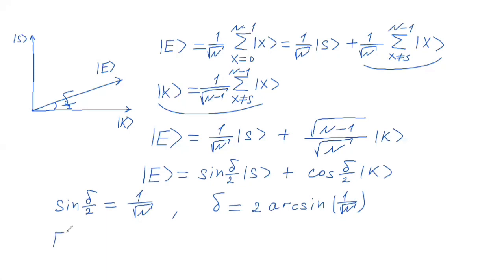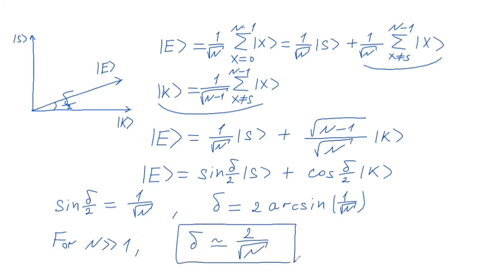So for n much greater than 1, delta becomes, with a very good approximation, 2 divided by square root of n. So this is an expression for the angle by which one Grover iteration rotates an arbitrary vector.